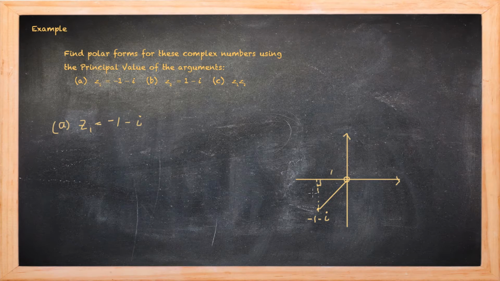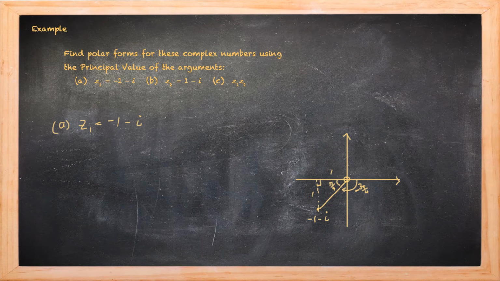That's length 1. Length 1 is half a square, so there's pi upon 4 for the angle in the corner there. And then the principal value angle will be 3 pi upon 4, but it's negative.